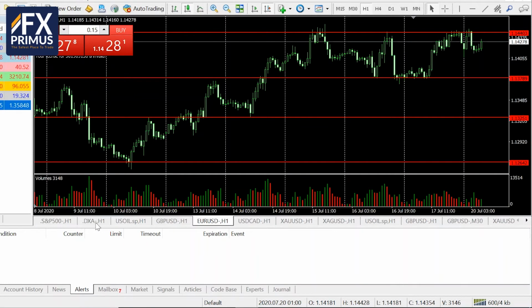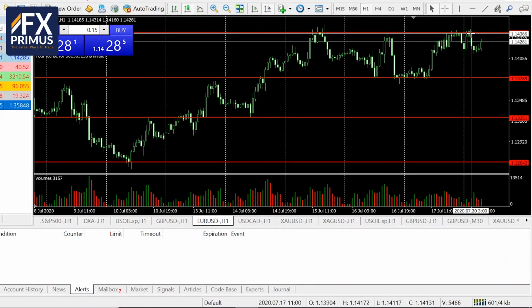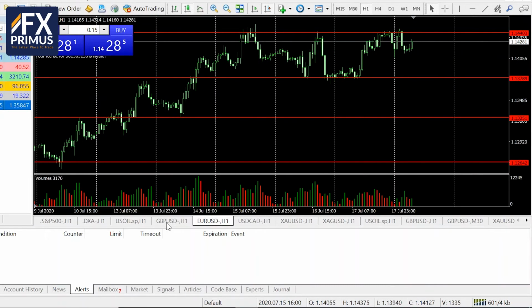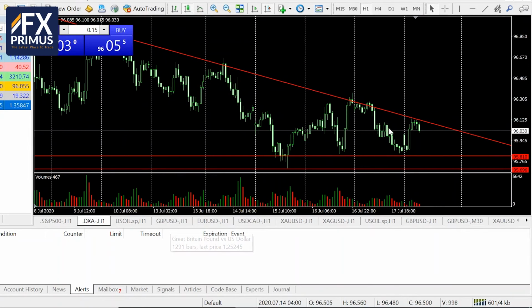Yeah, so again, as the US dollar has been strengthening for the last few hours, we do see the euro dollar pulling back down about 28 pips. Okay, so that is for the euro dollar, which is still trading within this range, and it's going to be squeezing into this triangle.